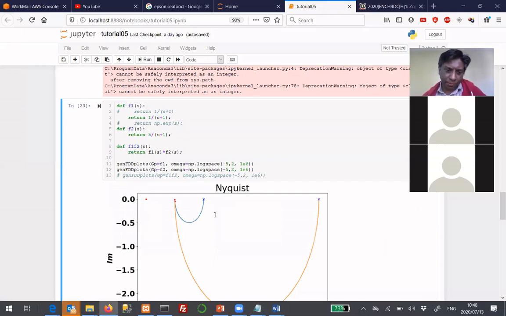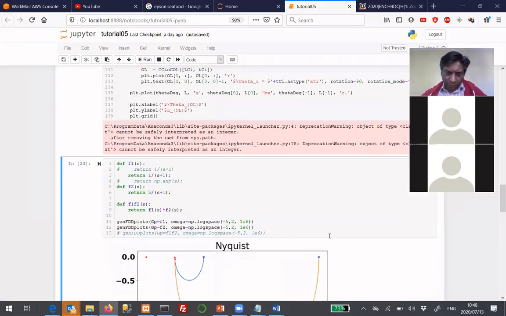And I'm just going to take one of these off. So in this code, if you want to visualize any function, you just create the function here. So I've created a function f1, which is giving us back 1 over s plus 1. So that's the function of interest. And so we just say gen frequency domain dynamics plots.